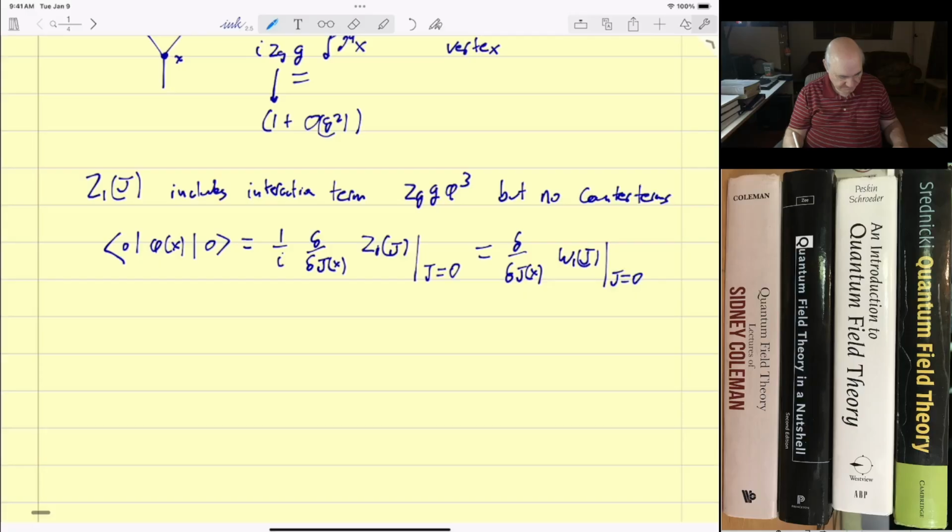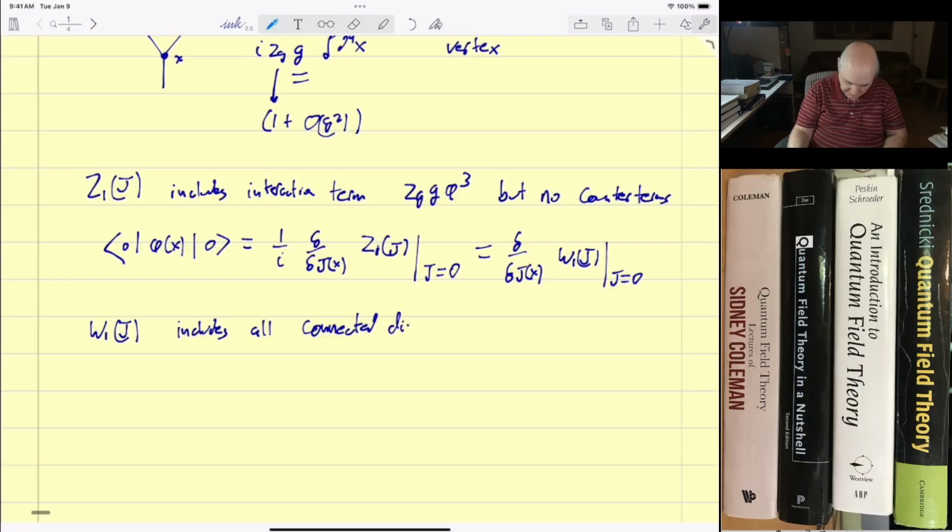Now, if you recall, W_1(J) includes all connected diagrams, excluding vacuum diagrams.